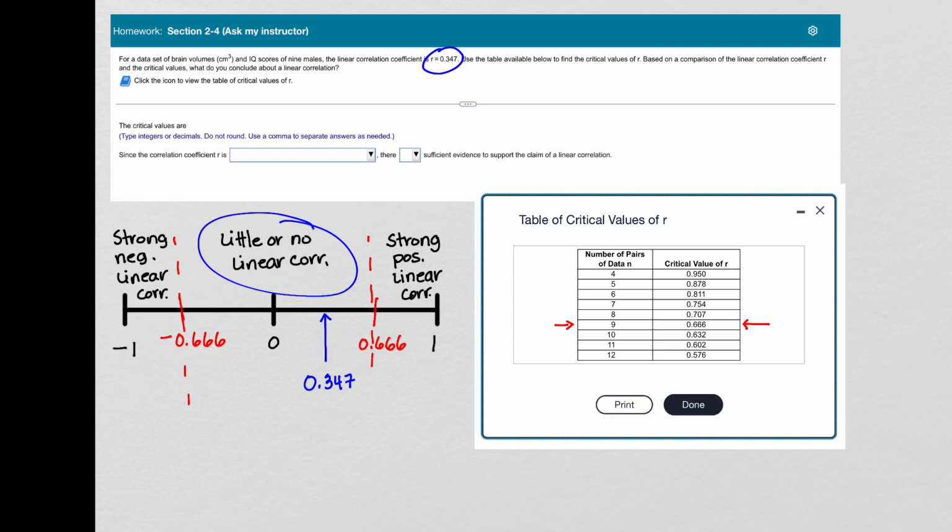So I'm going to write that here: between negative 0.666 and 0.666, there is not sufficient evidence to support the claim of a linear correlation. And that's how that problem works.